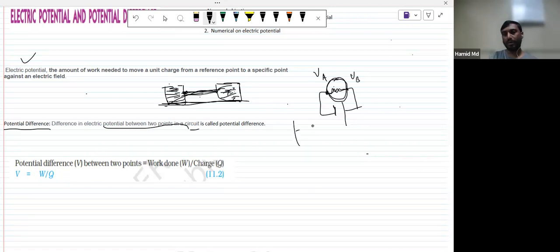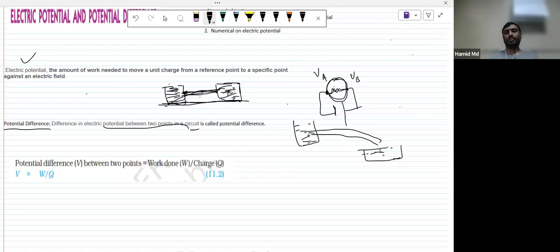If one is on the top and another at the bottom, and we connect them with a pipe, will water flow? Yes, sir. It will flow.